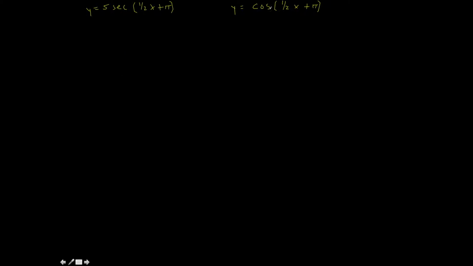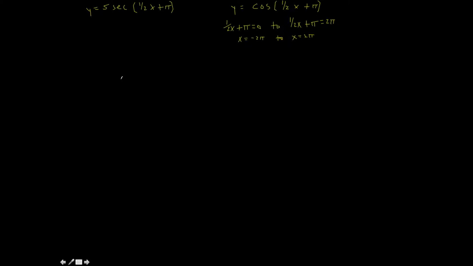Okay, so cosine is from 0 to 2 pi, so take your bx plus c, set it equal to 0, and set it equal to 2 pi. When you solve each of these, you should get x equals negative 2 pi and x equals 2 pi. Now this would be our 4 pi period that we got earlier. And this will be one cycle of cosine.